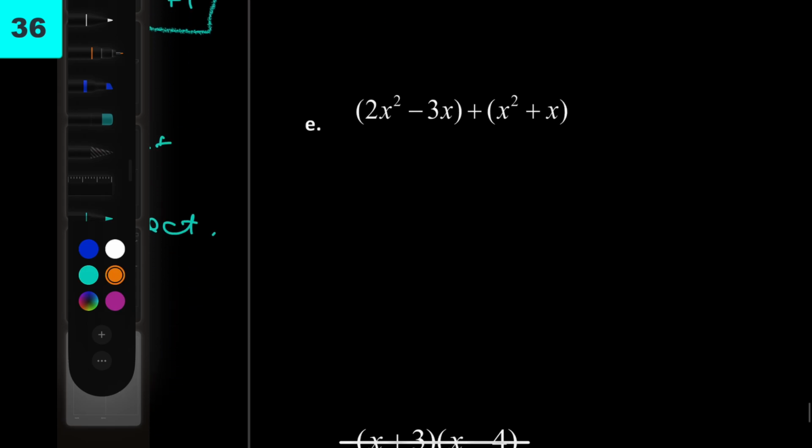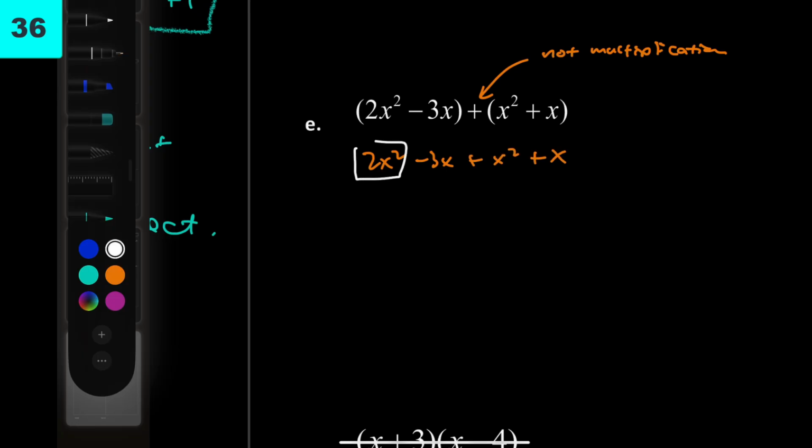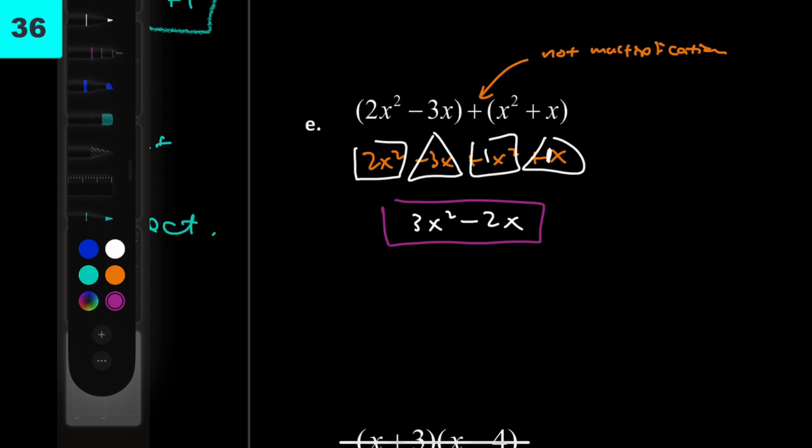Again, you're not going to multiply. Why? Because that's not multiplication. So you're not doing FOIL or anything like that. All you're doing is adding. So you just drop the parentheses. And then we can just combine like terms. 2 plus 1 is 3, and negative 3 plus 1 gives me negative 2x. Okay, so pay attention to the math operations.